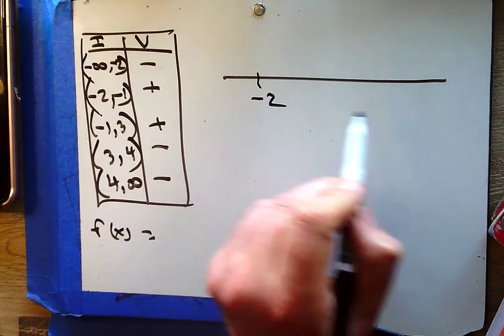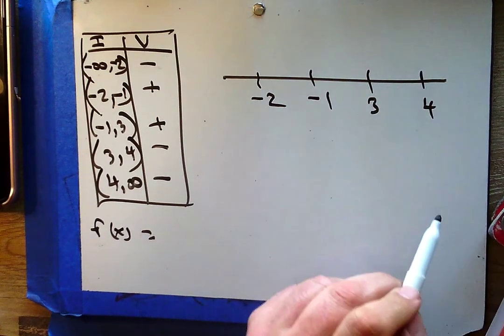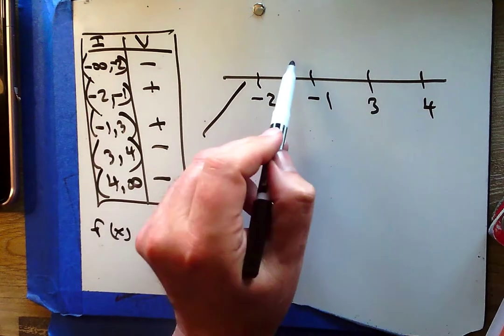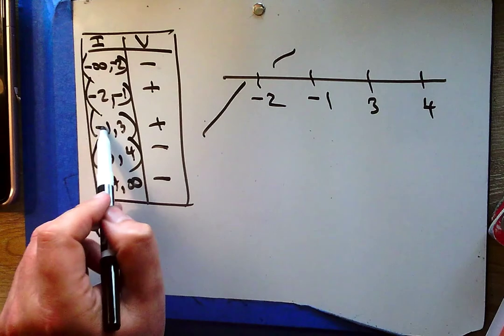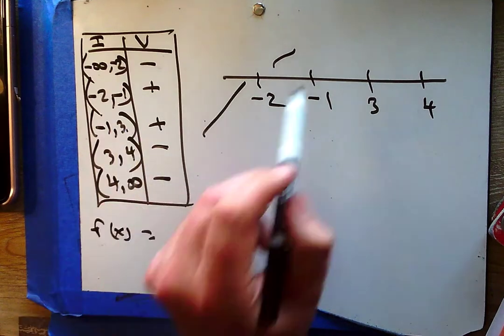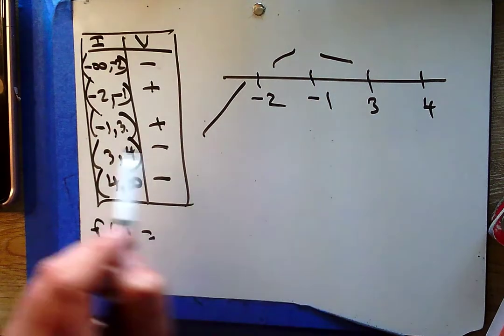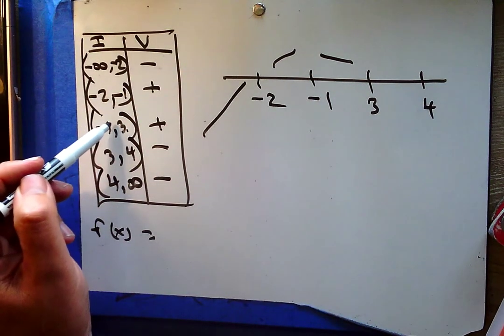So we've got negative 2 here, negative 1, 3, and 4. And I know the function is negative over here, and the function is positive over here, and then the function is positive again. But at negative 1, see, we're split here. At negative 1, we are not positive.